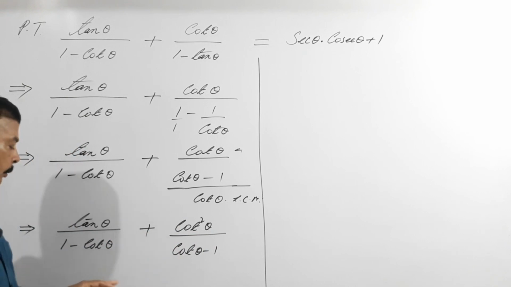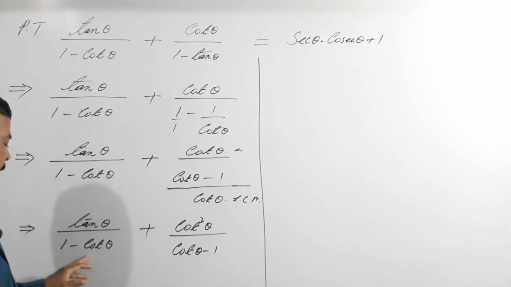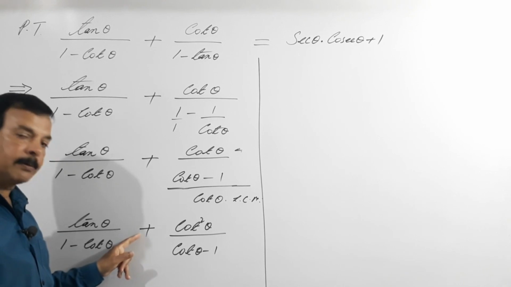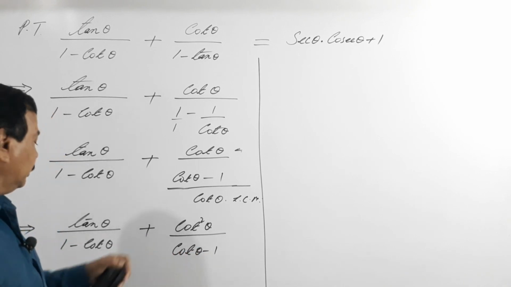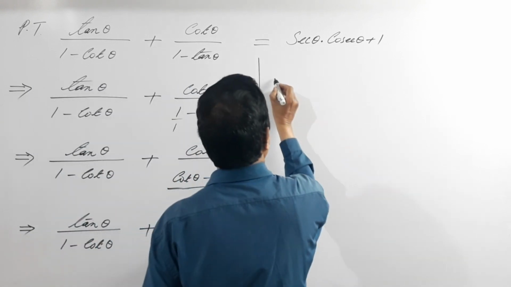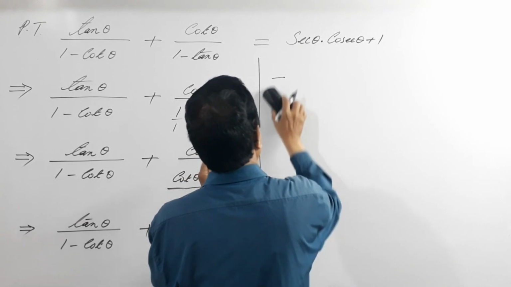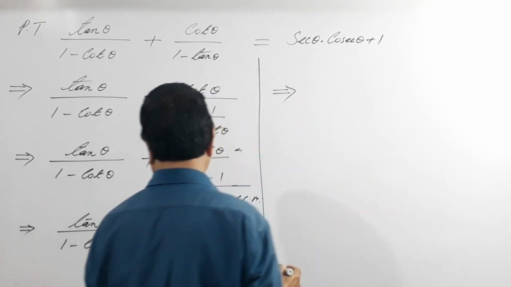I would like to bring this cot theta minus 1 in the same form, 1 minus cot theta. To do that, I'll change the sign of this, plus becomes minus. So what happens? 1 minus cot theta. Can you write it like that? So this can further be simplified.